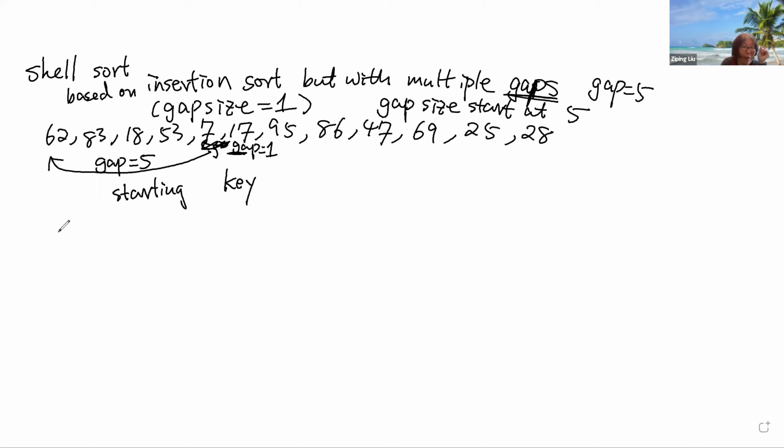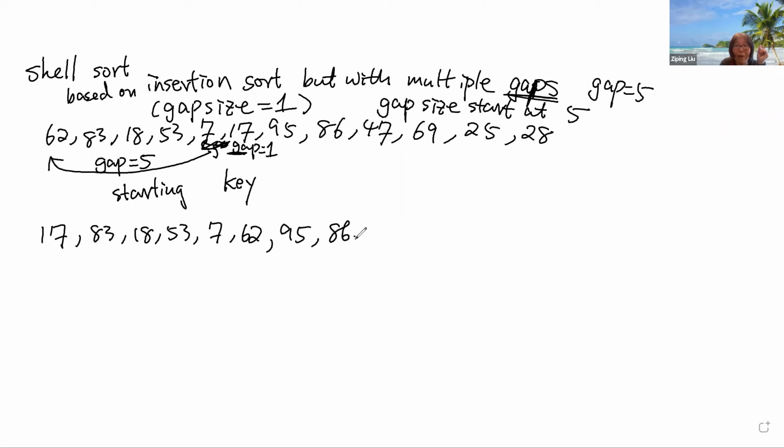What we get is 17 here, and then 83, 18, 53, 7, then here we have 62, then we still have 95, 86, 47, 69, 25, 28. That's the current key with a gap size of 5. Then you advance to the next one.